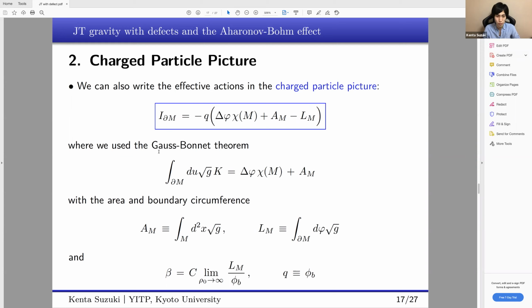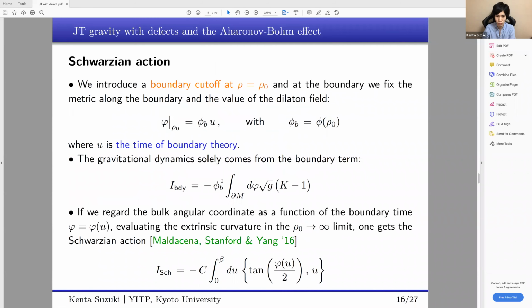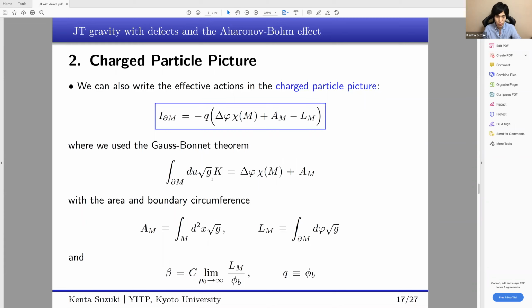Well, first we use the Gauss-Bonnet theorem to rewrite this extrinsic curvature contribution we had here. So the Gauss-Bonnet theorem gives us some topological contribution, again proportional to this Euler characteristic chi times this delta phi.